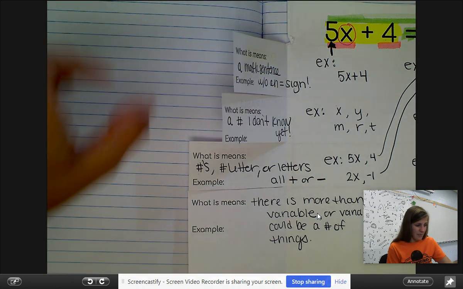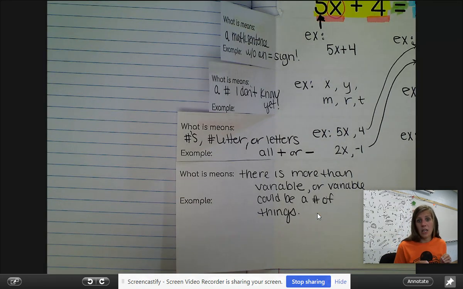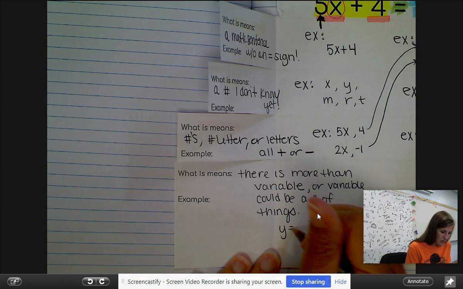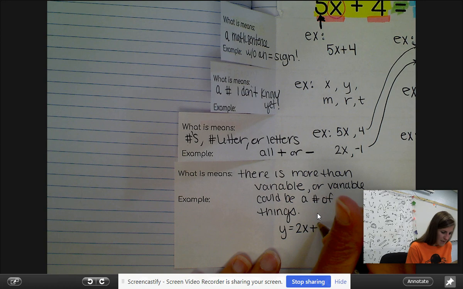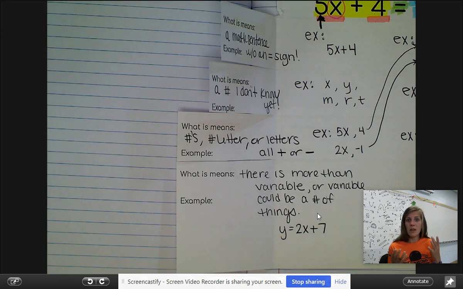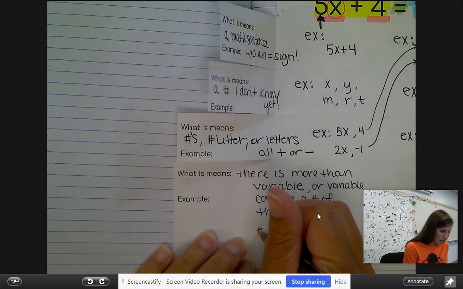Like, I don't know yet. So a really good example of an equation that is open would be something like y equals 2x plus 7, because I have more than one variable. I don't know what they could be. So that is something that is open.